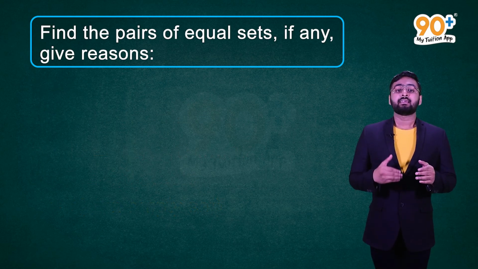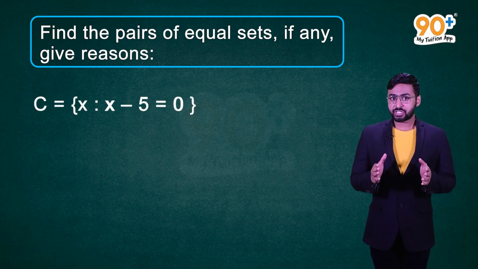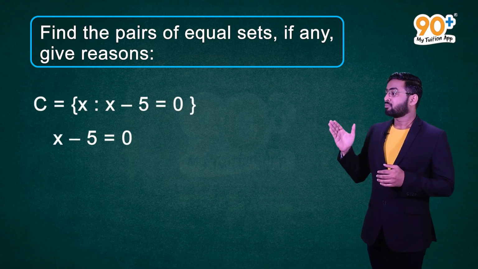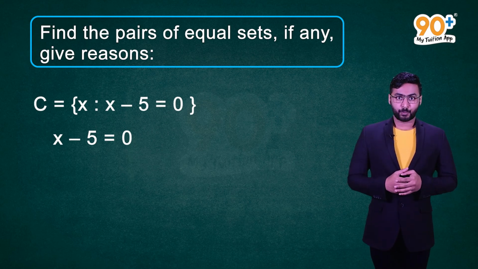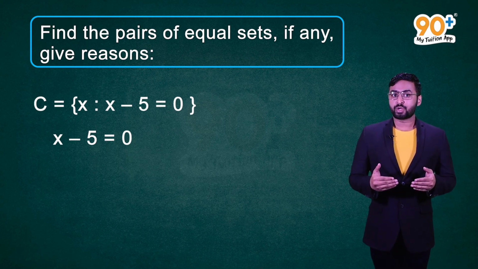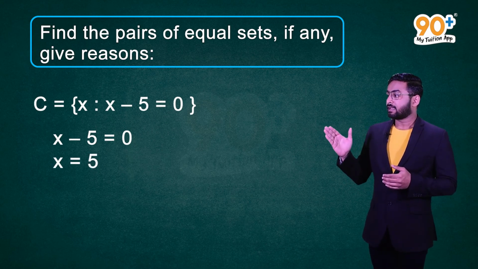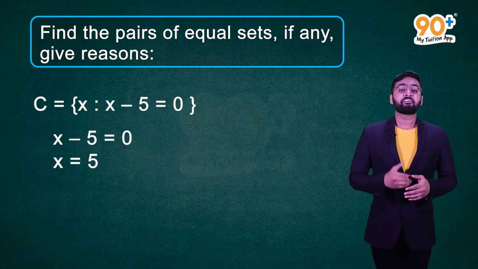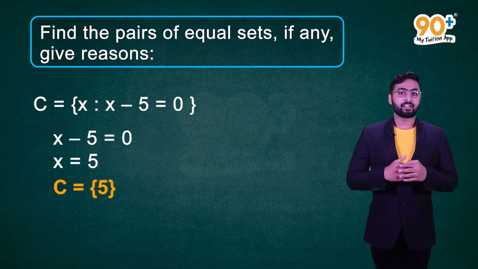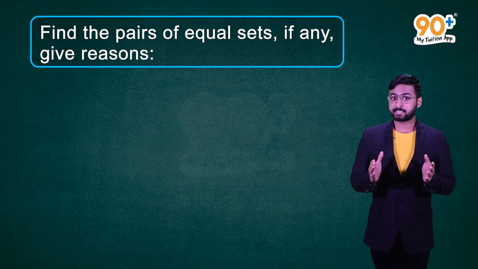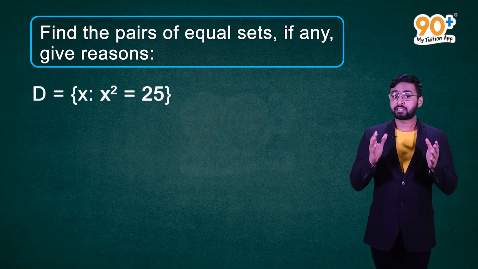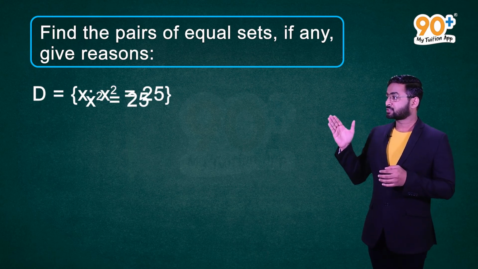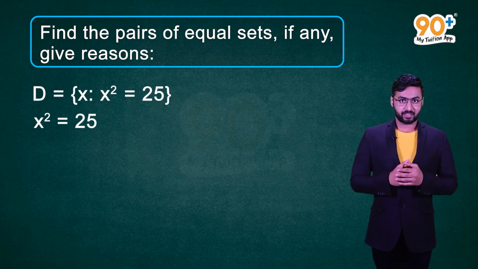The next set is C. The condition here is x minus 5 is equal to 0. Solving this equation, we get x is equal to 5. So the set C has only one element and it is 5. The fourth set is D. Here the condition is x square is equal to 25.